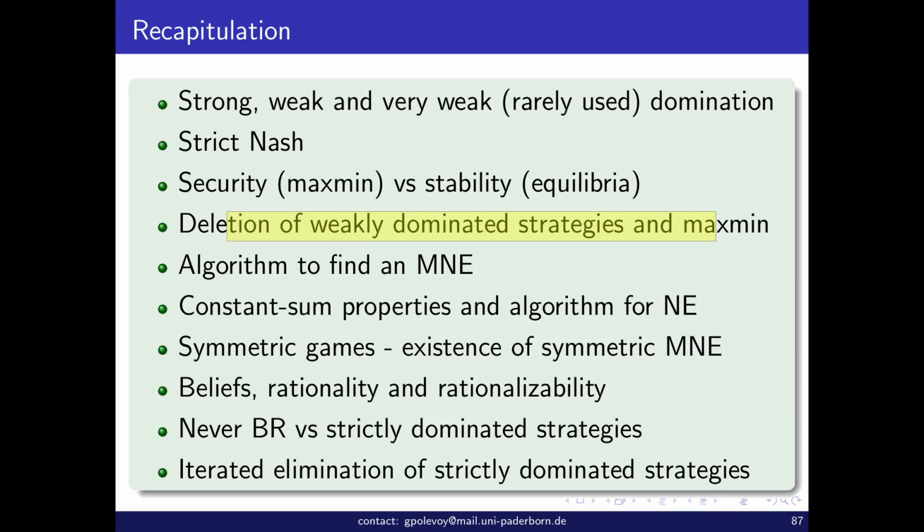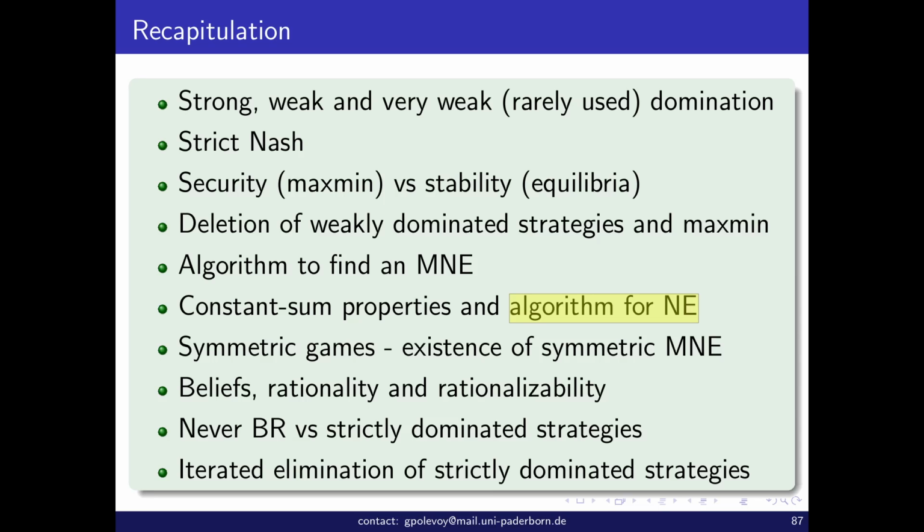And then we spoke about constant sum properties, some new properties in addition to what we had seen before, like equalizing and active strategies. We proved that active implies equalizing, and also that this property is useful to find the equilibrium of games. And also we showed an algorithm for finding the equilibrium of constant sum games, which is in addition to the general algorithm for any game, and that uses the fact that we can just find the max mins.